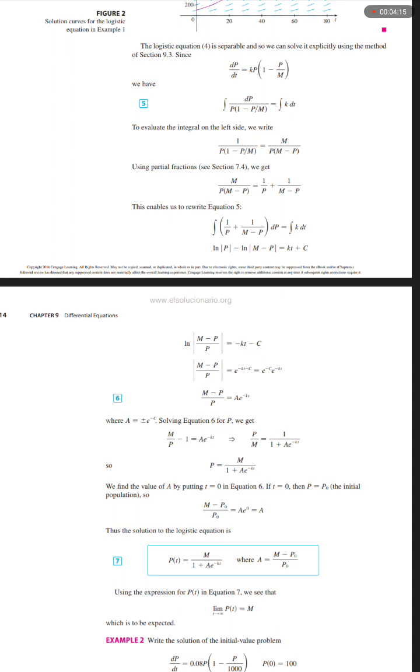Using partial fractions, see Section 7.4, we get M over P(M minus P) equals 1 over P plus 1 over M minus P.